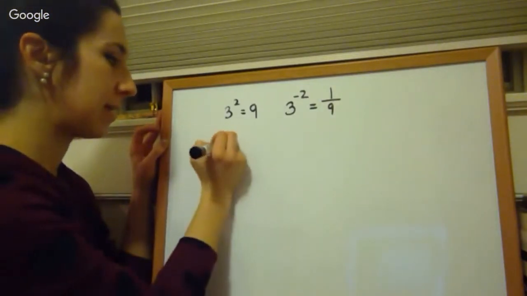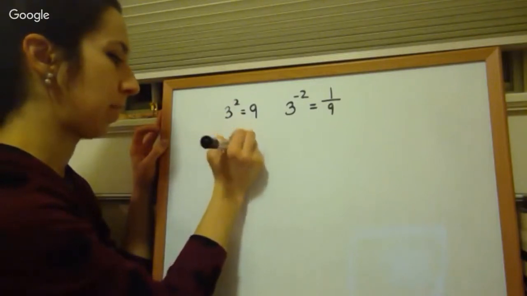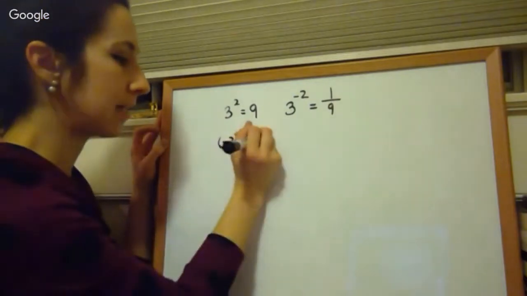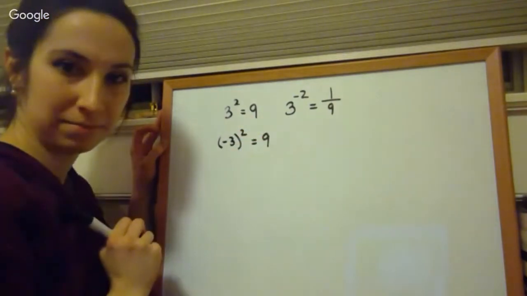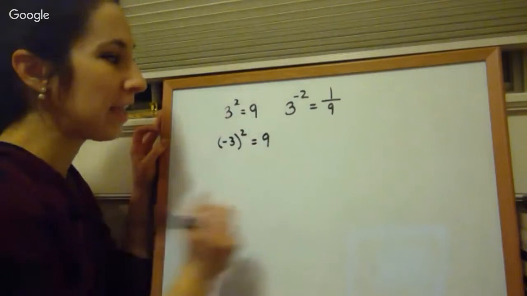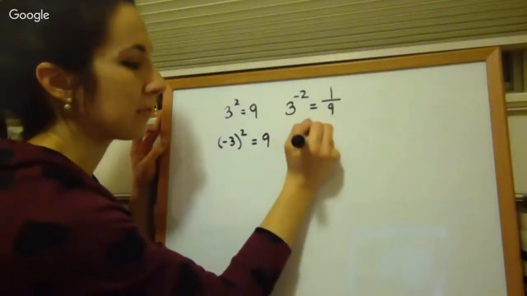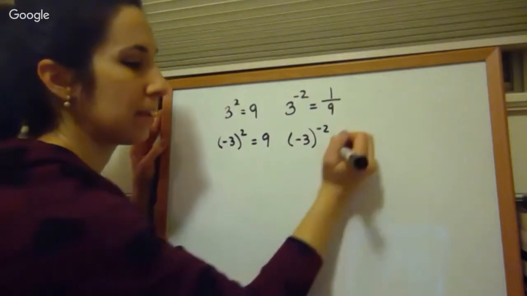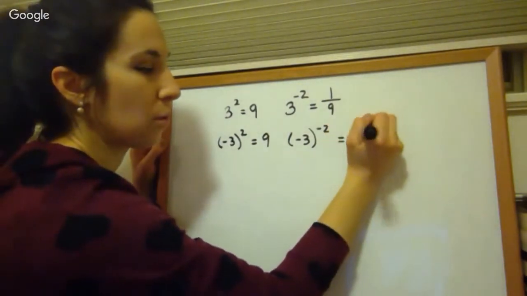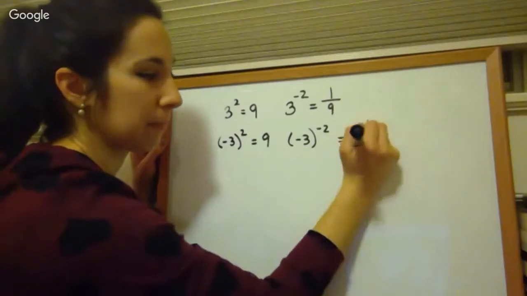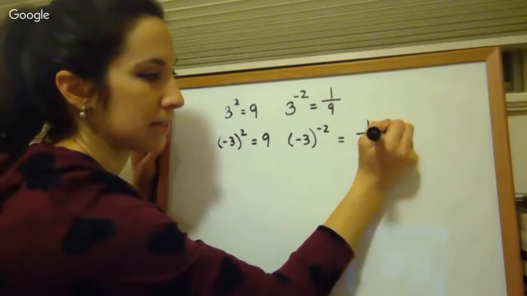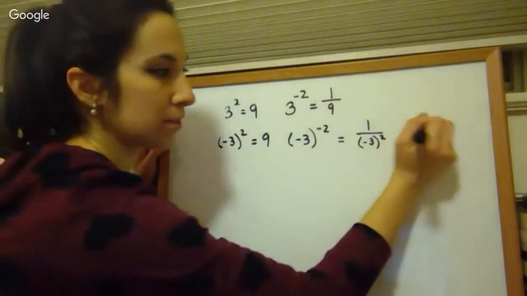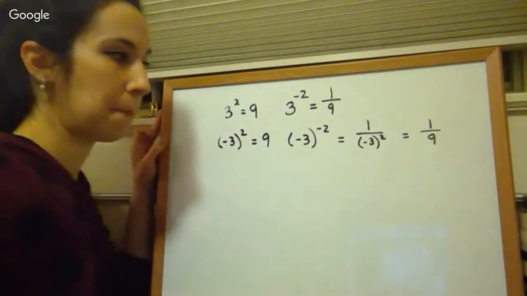Now, if I take -3 in parentheses and square it, I still get a 9. If I take -3 in parentheses and raise it to the -2nd power, that's going to be equal to 1 over -3 in parentheses raised to the positive 2nd power, which is still 1/9.